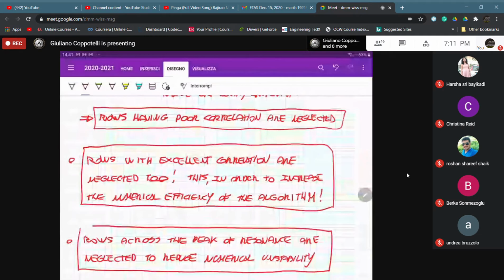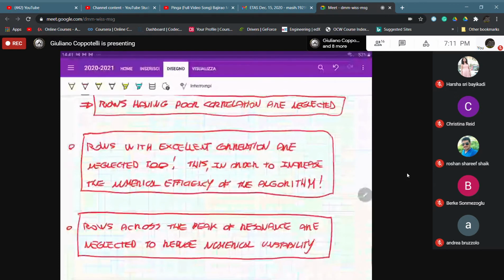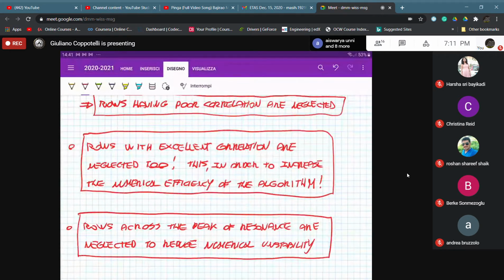And that's because we know very well that across the peak of resonance, there are large variations in the frequency response function. And that is especially true when we are characterizing a system with very low value of damping ratio. Okay.